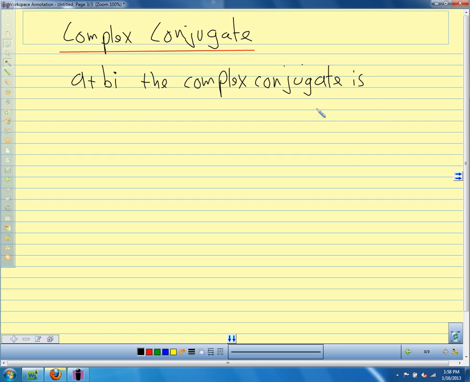The complex conjugate to any complex number a plus bi is a minus bi. Basically, we change the sign on the imaginary part.